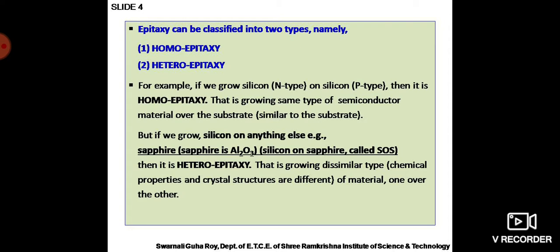So if we grow sapphire, Al2O3, on silicon, it is popularly known as silicon on sapphire, SOS. You should know about it, as you may come across this word SOS in the future. It means silicon on sapphire.